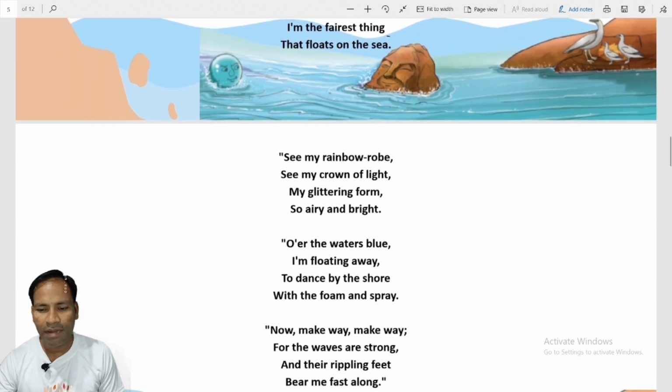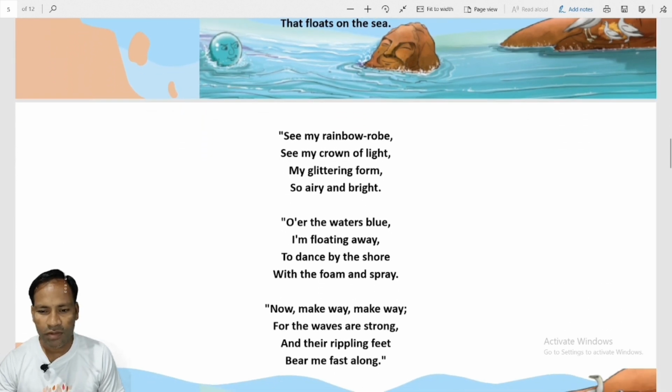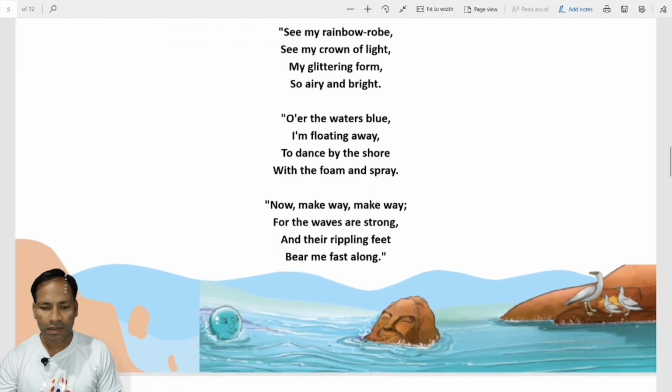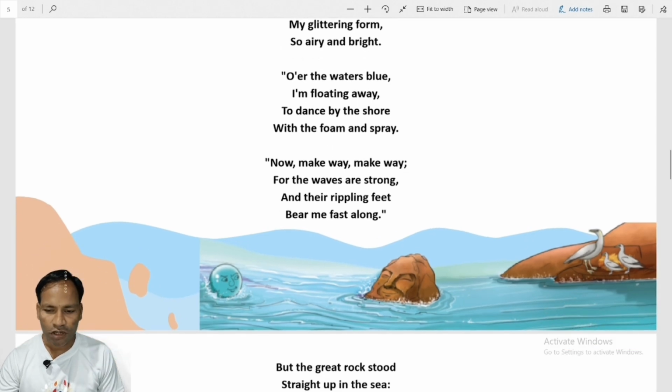See my rainbow robe, see my crown of light, my glittering form is so airy and bright. O'er the waters blue, I am floating away to dance by the shore with the foam and spray. Now make way, for the waves are strong, and their rippling feet bear me fast along.